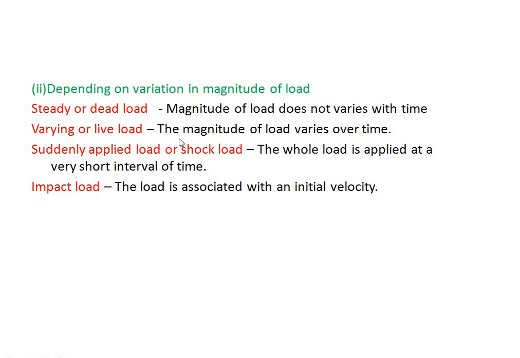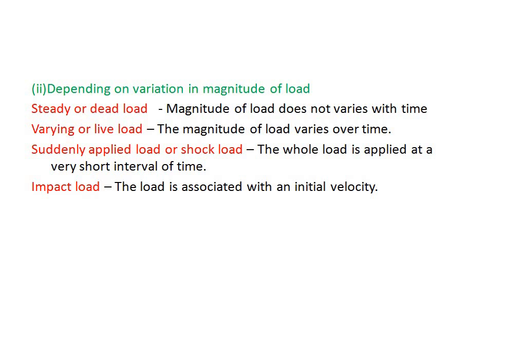Varying or live load: the magnitude of load varies over time. Here the loading either varies from 0 to a maximum and then back to 0, or it can vary from a minimum value to a maximum value. Say it may vary from 5 kilonewton to 10 kilonewton, again 5 to 10.